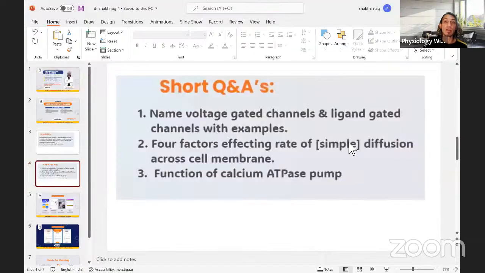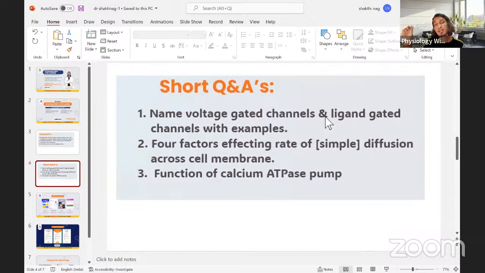Name a voltage gated channel and a ligand gated channel. What is a voltage gated channel? Ion channels can be gated or ungated. Voltage gated means it opens up or closes up based on a particular voltage level.